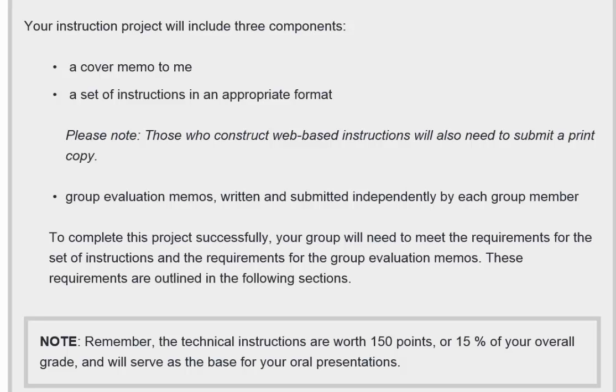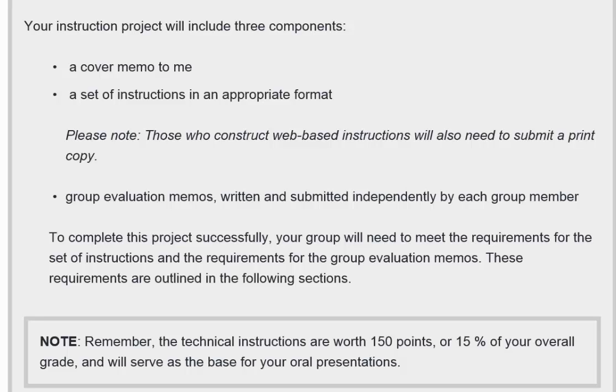For example, your instructions may be in the form of a video, if that would be appropriate for the rhetorical situation. Your instructions may be in the form of a brochure, of a poster, of a pamphlet, of a full little instruction booklet. You as a group need to determine what format these instructions should take and then create the instructions in that format.